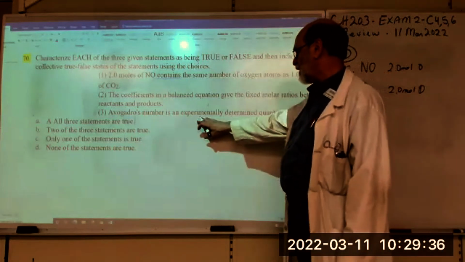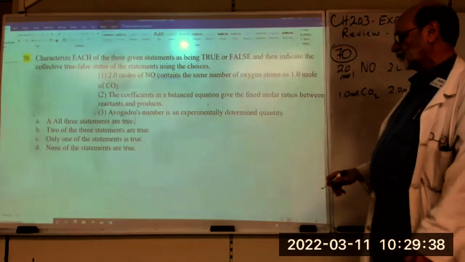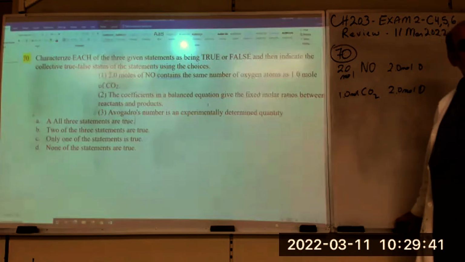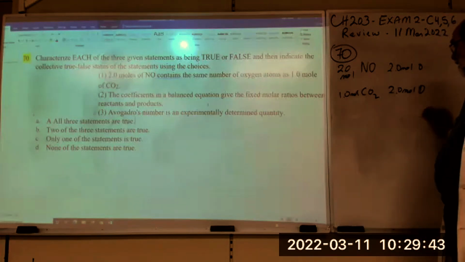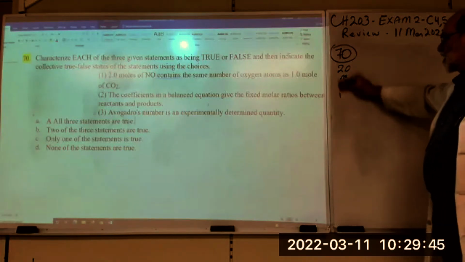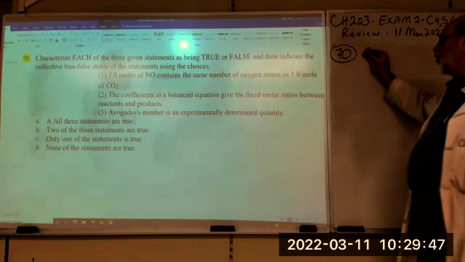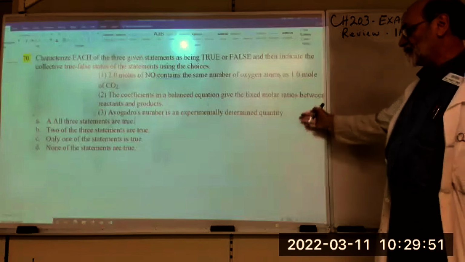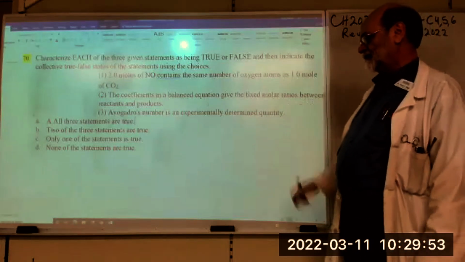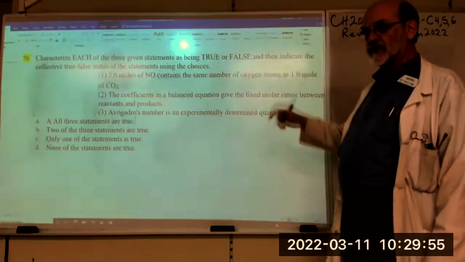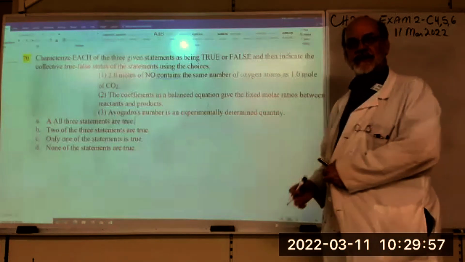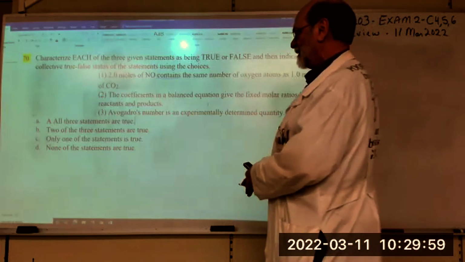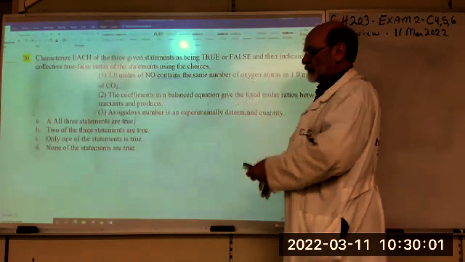Avogadro's number is an experimentally determined quantity. That is true. That's just a statement of fact. So they're all true. If I didn't mention that during the lecture, maybe that's why I put this one in here. So be sure to get that fact on record. They're all true.